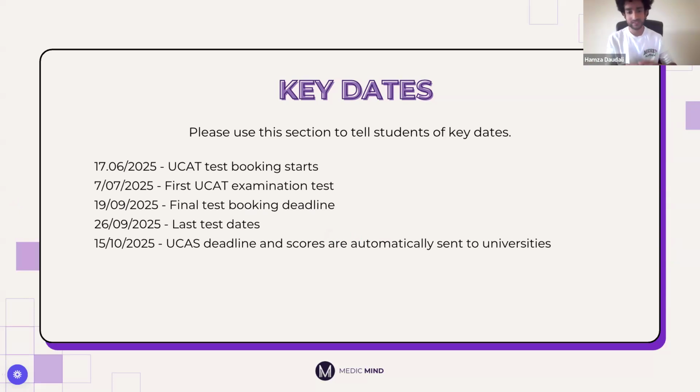Not every school does, but some schools may have September marks. And it's often about balancing UCAT prep with prepping for your September marks, trying to get back into the flow of A2 preparations, which can be quite challenging as well. Consider your wider schedule and book your UCAT at a time where you have as few things going on as possible to allow you as much time to focus on UCAT prep.